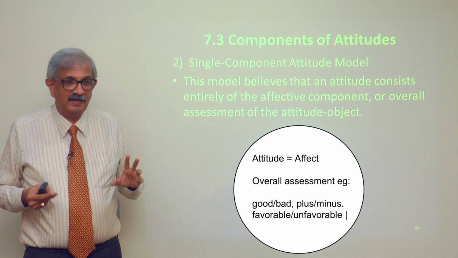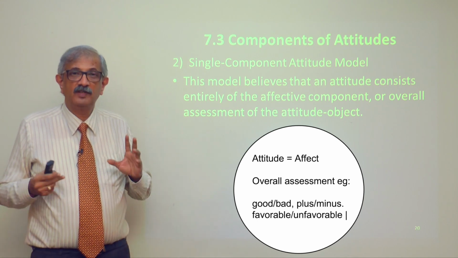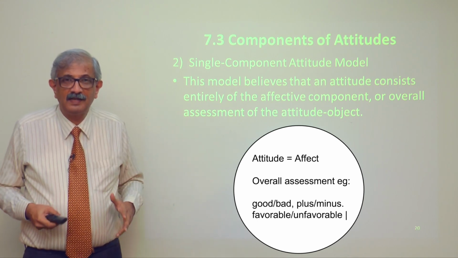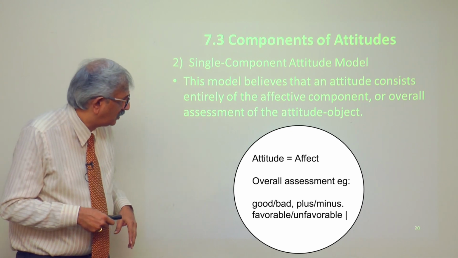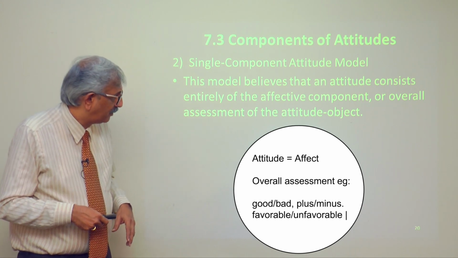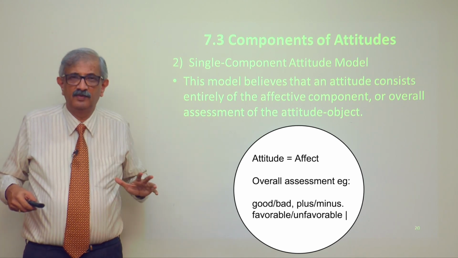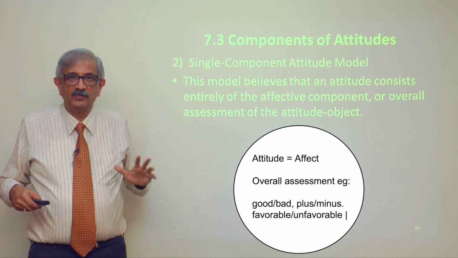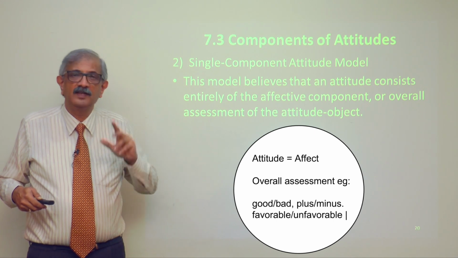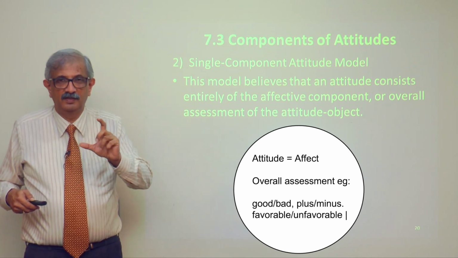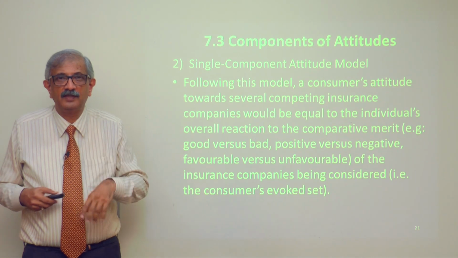So when I get exposed, what feeling do I develop, what likes or dislikes do I develop, that comes out. Overall assessment, whether plus, minus, favorable, unfavorable, that's the only thing that happens when you get exposed. So the single component model believes that it is the affective component which is the driver of attitude.